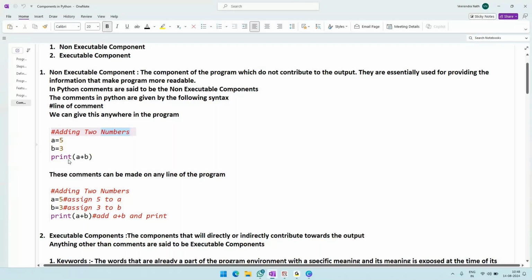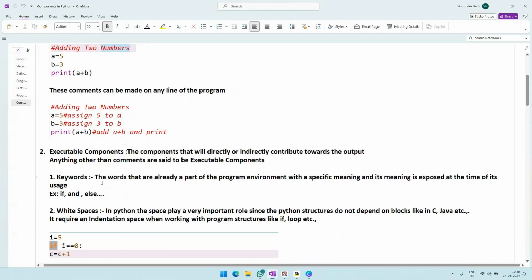For example, hash adding two numbers, hash assign. You are giving information about the whole program or about a particular line. That is what a comment is, and comments can be made on any line in the program.